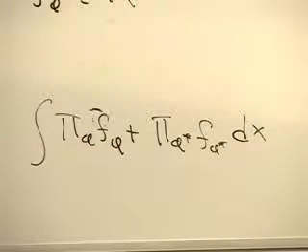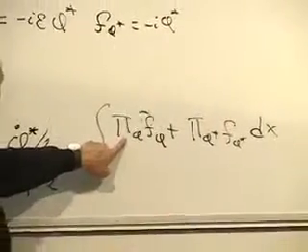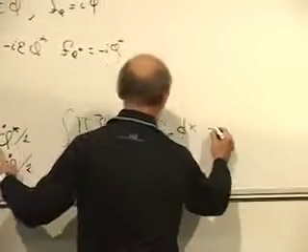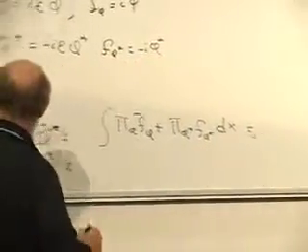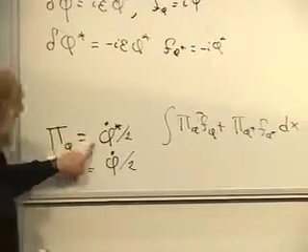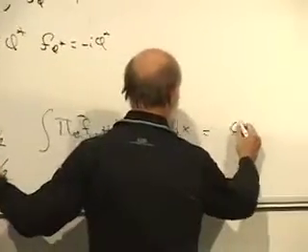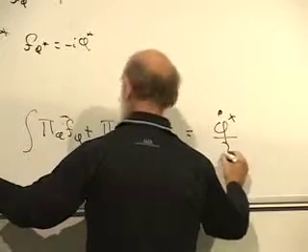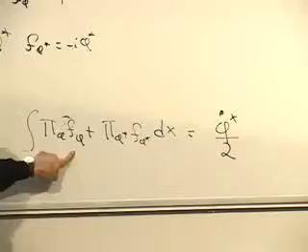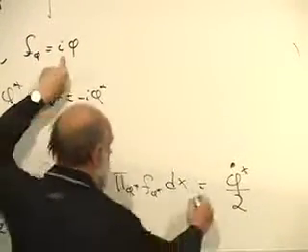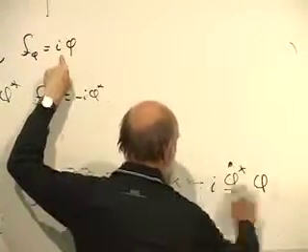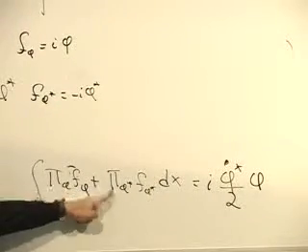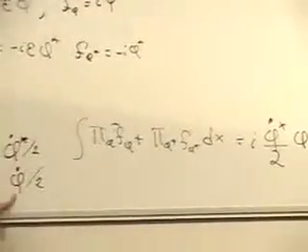Let's see what it is. Pi sub phi is phi star dot over 2. So this is here equal to, did I leave an i out somewhere? No, I didn't. Phi star dot over 2 times f phi, and f phi is i times phi. That's one term. Now the second term, pi sub phi star, that's phi dot over 2.